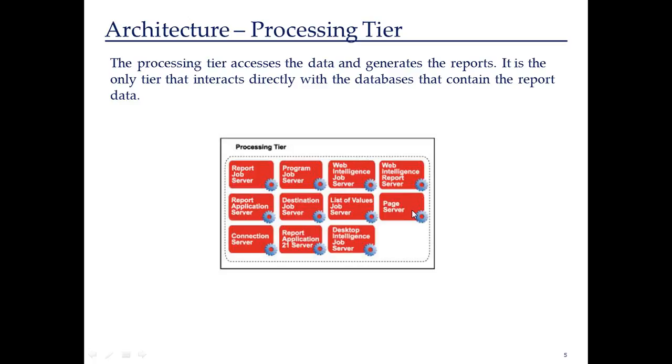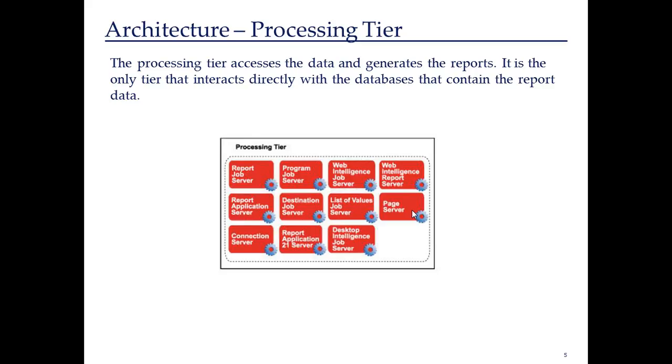Now what does the page server do? Whatever data you get, it's going to convert the data into .epf format. .epf means encrypted page format. So it's going to compress the size of your data, something like zip. We zip files to compress the size of a file.